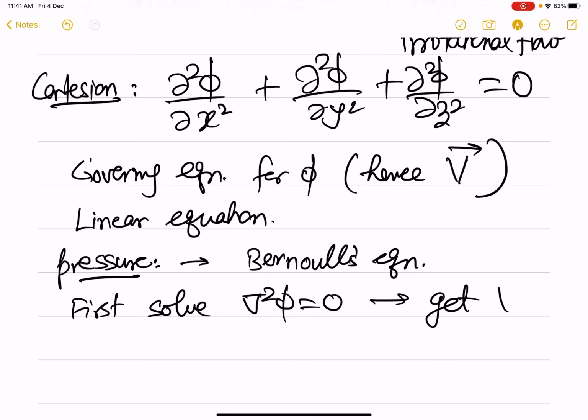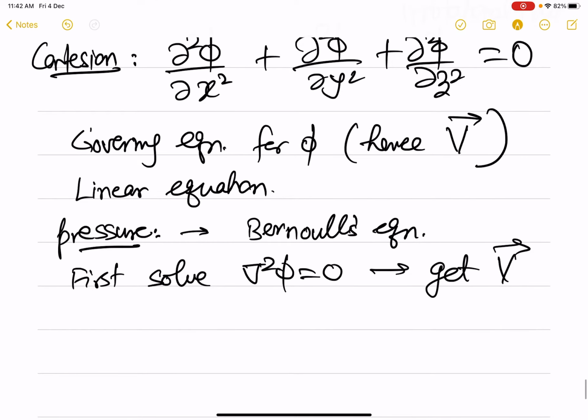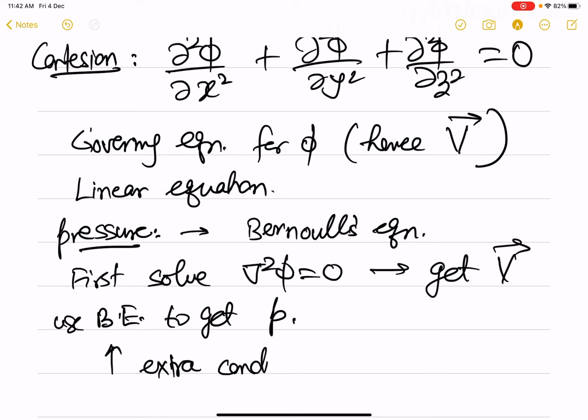From here we will get V, and then we will use Bernoulli equation to get P. Now to use Bernoulli equation, we are using an extra condition that the flow is inviscid.